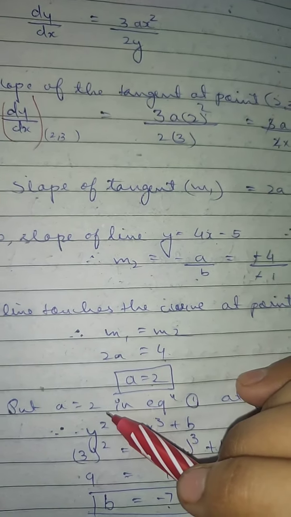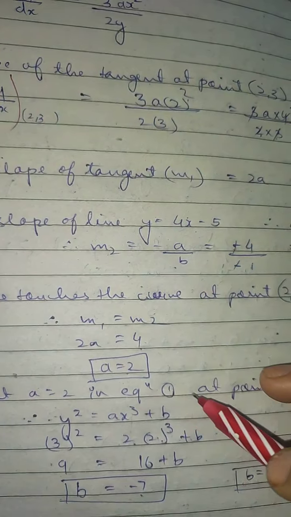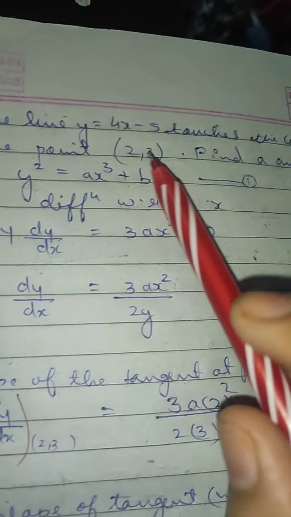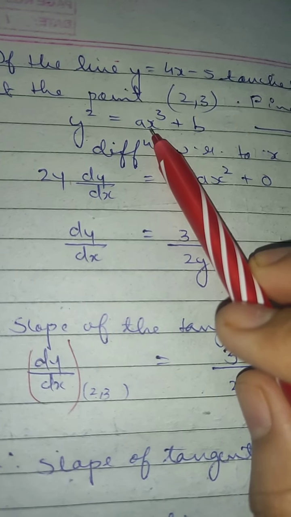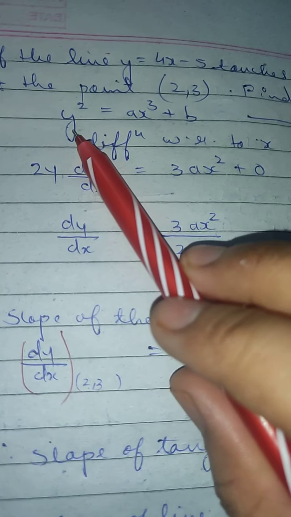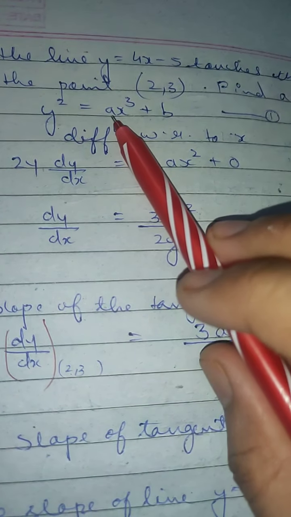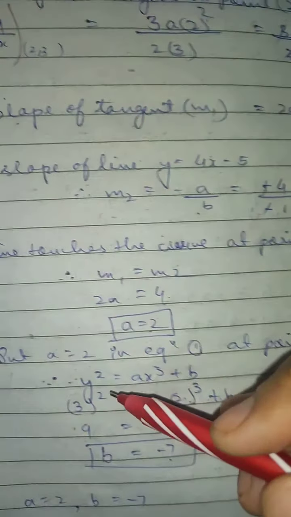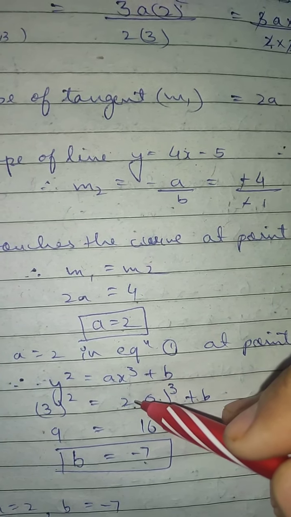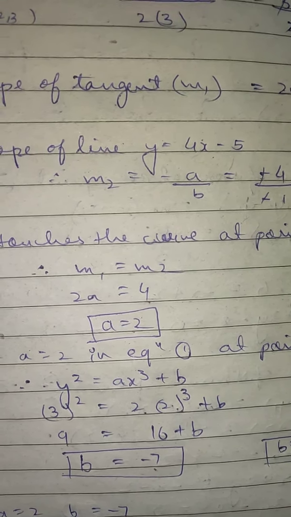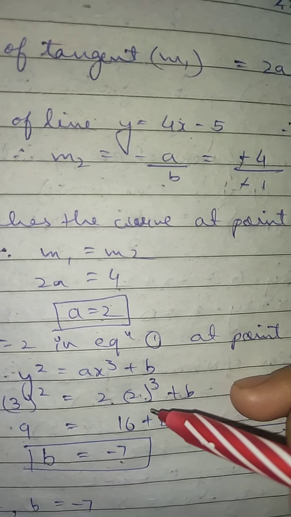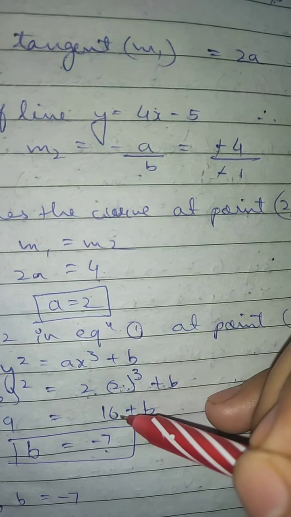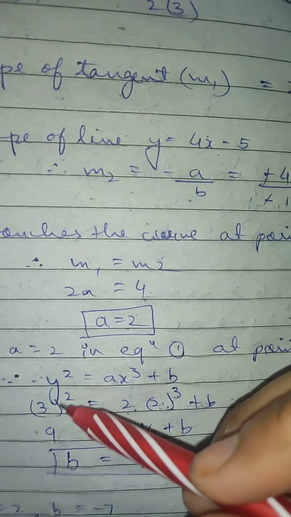Now put this value a = 2 in equation number 1 at point (2, 3). In place of x we put 2, in place of y we put 3, and in place of a we put 2, then we will easily get b. So 3 squared is equal to 2 into x squared, x being 2, so 2 cubed plus b. 2 cubed is 8, and 8 into 2 is 16 plus b, and 3 squared is 9.